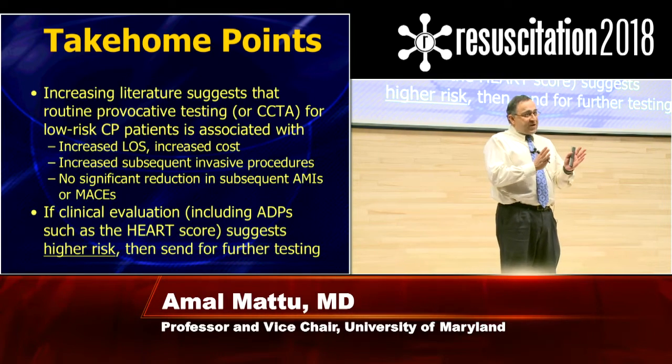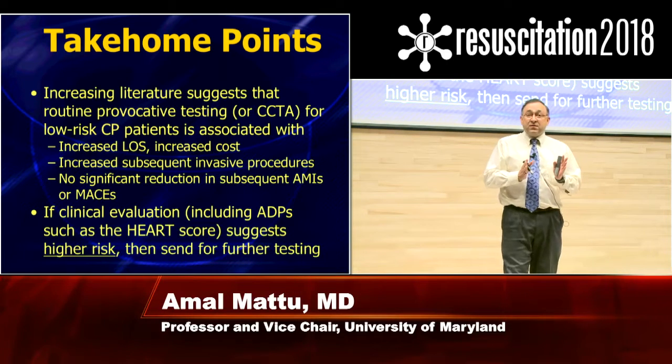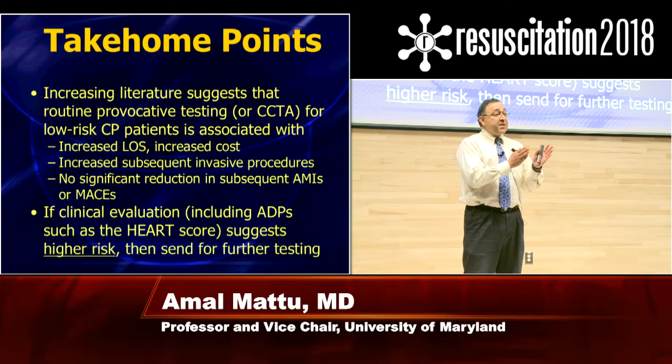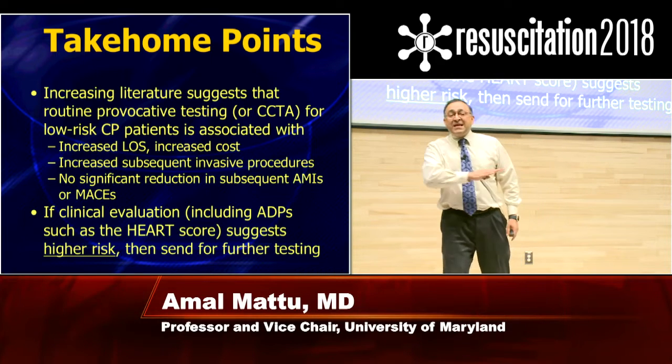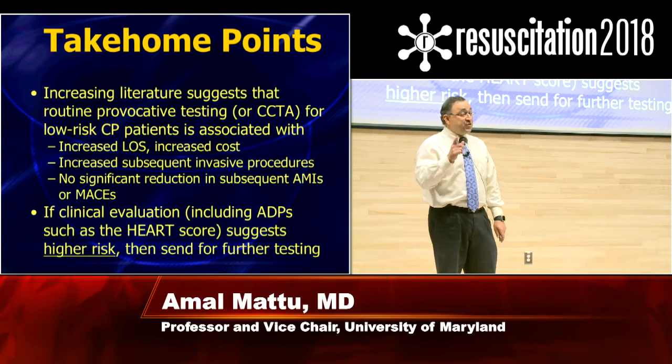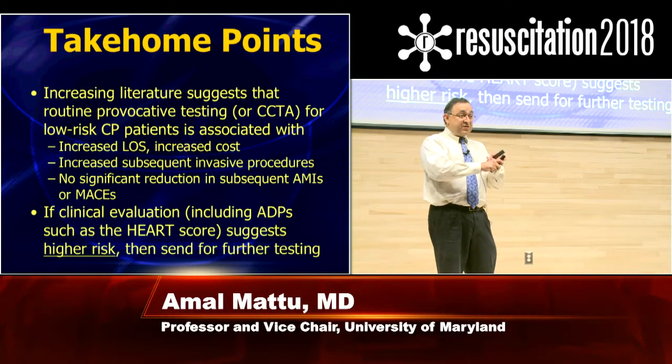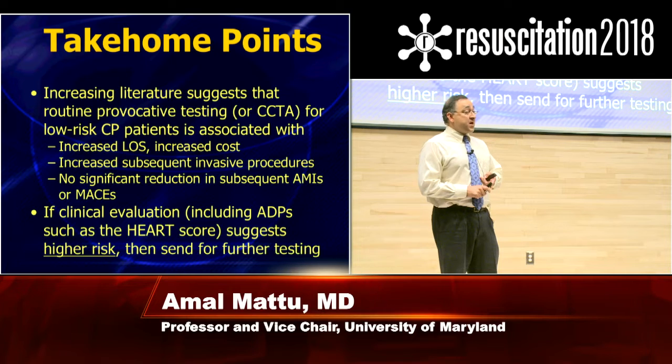So what we're starting to find is that probably the way to go is that when you have a HEART score of 0 to 3, or the really low-risk patients, those patients shouldn't get any further testing. Because if you do that, all you're going to do is increase the rate of PCIs and CABGs without improving the rate of MIs long-term.